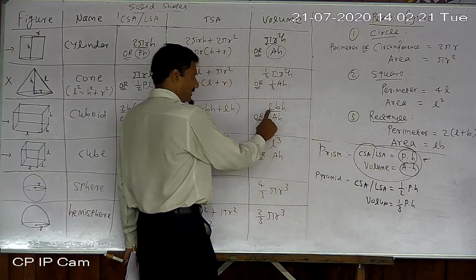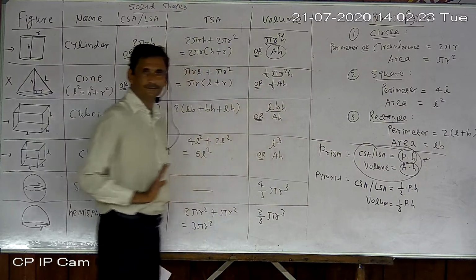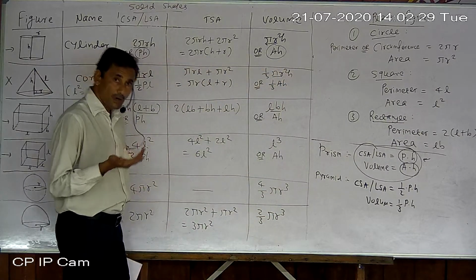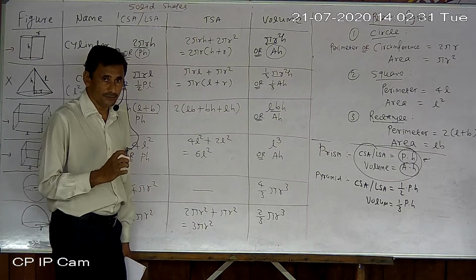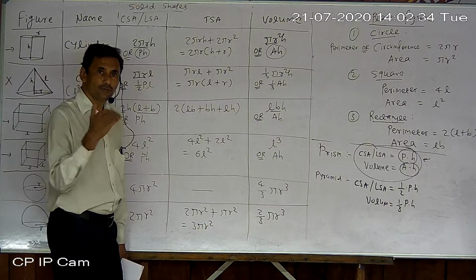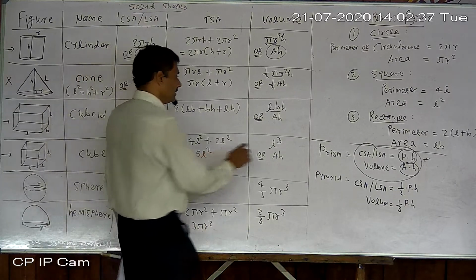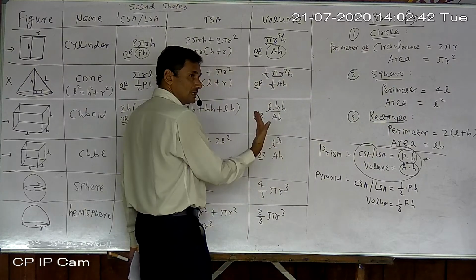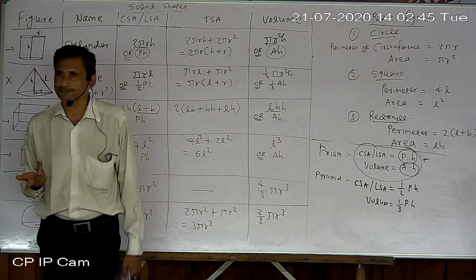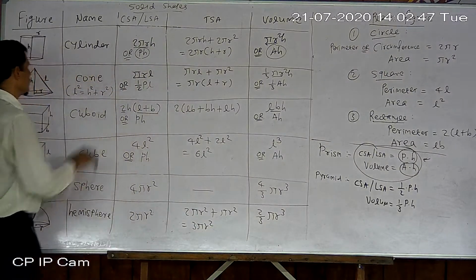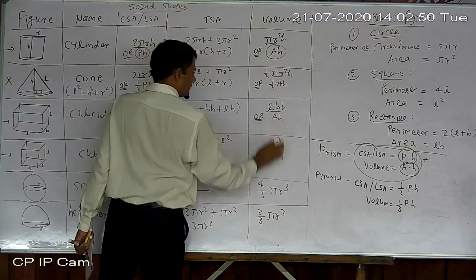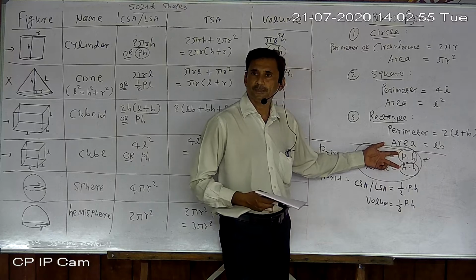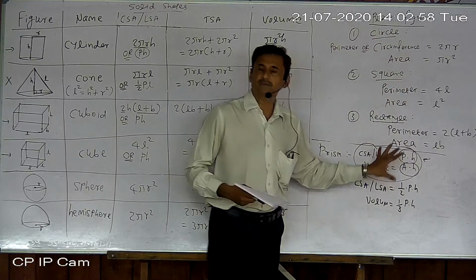LB, the area of a rectangle, and H, so LBH. And in the cube, not square, volume equals area of base, meaning area of square, into height. So L squared into L, because height is also L. So L squared into L, L cubed. So one, two, three, four, five, six: all these six formulas come from this one only. You remember all this, that is expected.